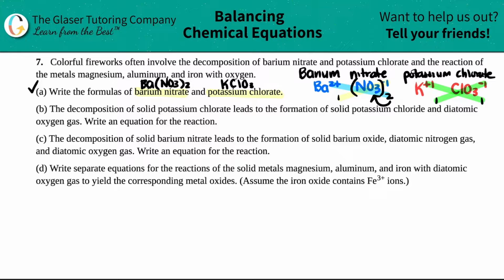B says the decomposition of solid potassium chlorate leads to the formation of solid potassium chloride and diatomic oxygen gas. Write an equation for the reaction. Okay, so I'm going to put B down here. Now, let's just start with words, and then we can do the chemical equation, right?